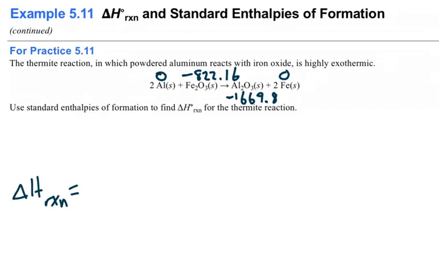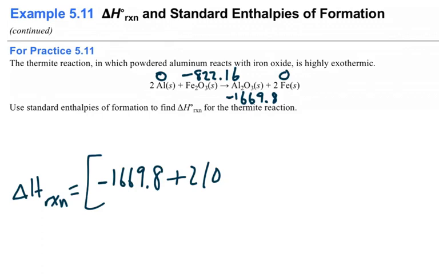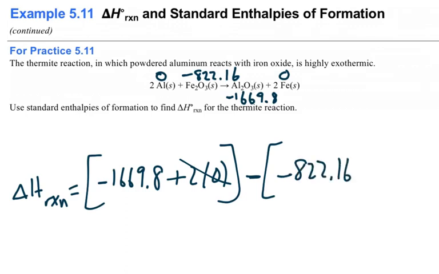Well, let's do the sum of the products. So we got only one aluminum oxide, so it's 1669.8, plus the two irons, which is 0, this part is gone, minus the sum of the reactants, which would be negative 822.16, there's only one Fe2O3, plus the two aluminums, which are also 0.